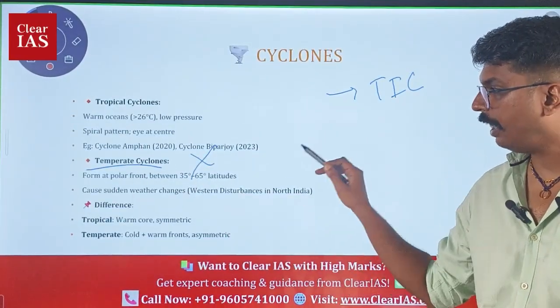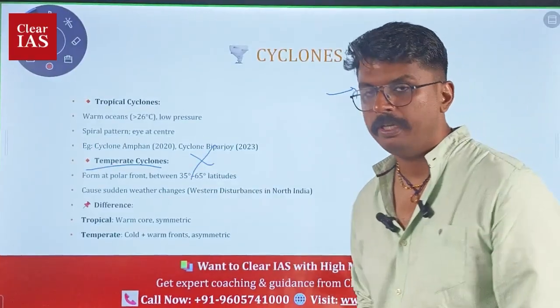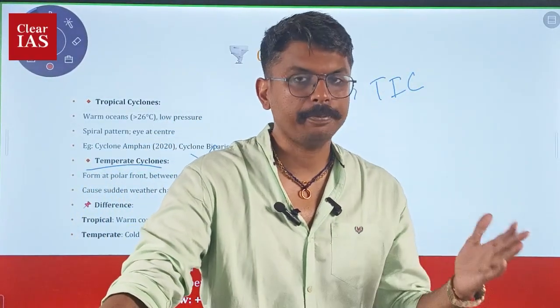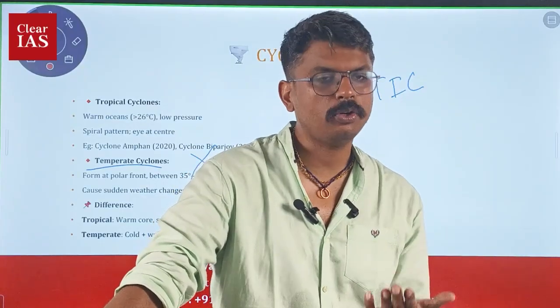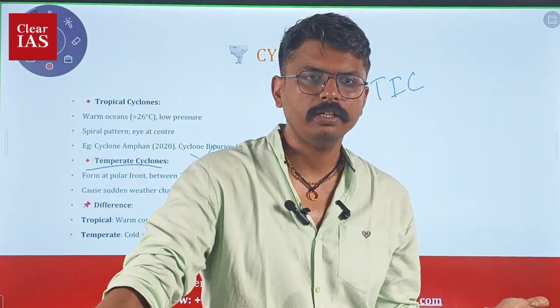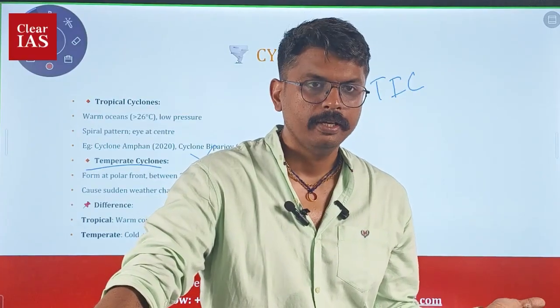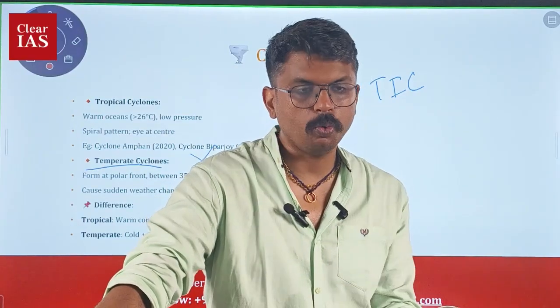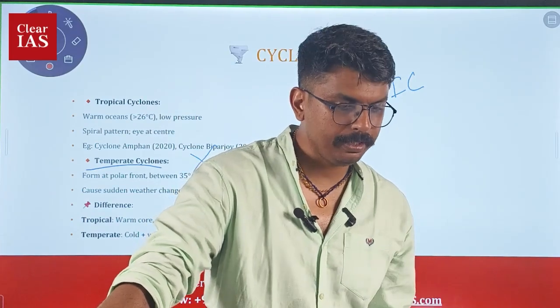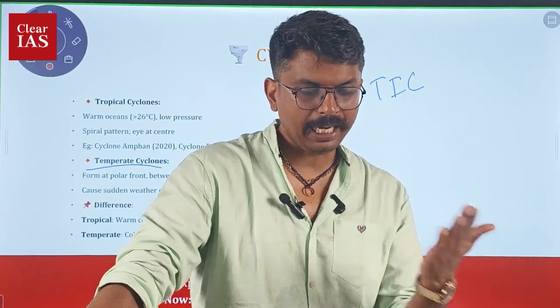To understand how a temperate cyclone is formed, we have to study air masses, fronts, and types of fronts in detail, and then only can you understand properly how temperate cyclones are formed. But as we are going through an overview, I'll explain it in short. Try to keep that in mind, and if there are more questions, we'll add them on.